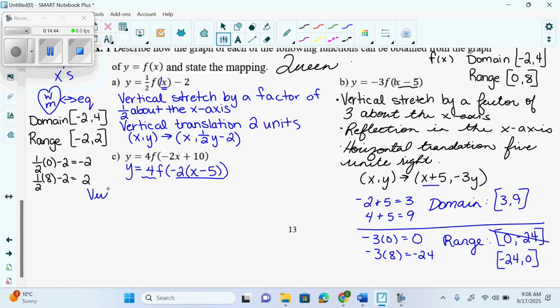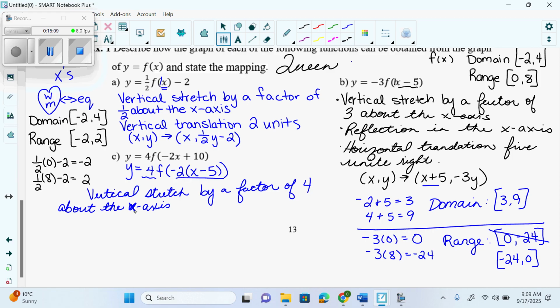So we have a vertical stretch by a factor of what? 4, about the x-axis. My x looks like an A because I didn't pick it up.